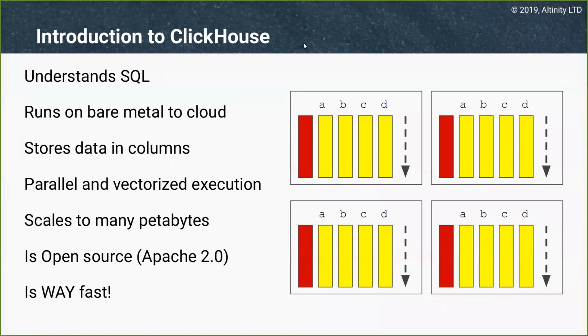We won't be talking very much about the general features of Clickhouse, but if you're new to it, here's a very brief overview. Clickhouse is a SQL data warehouse. It stores the data in columns. It's quite portable. It runs on Linux systems, anything from bare metal operating systems all the way up to cloud.